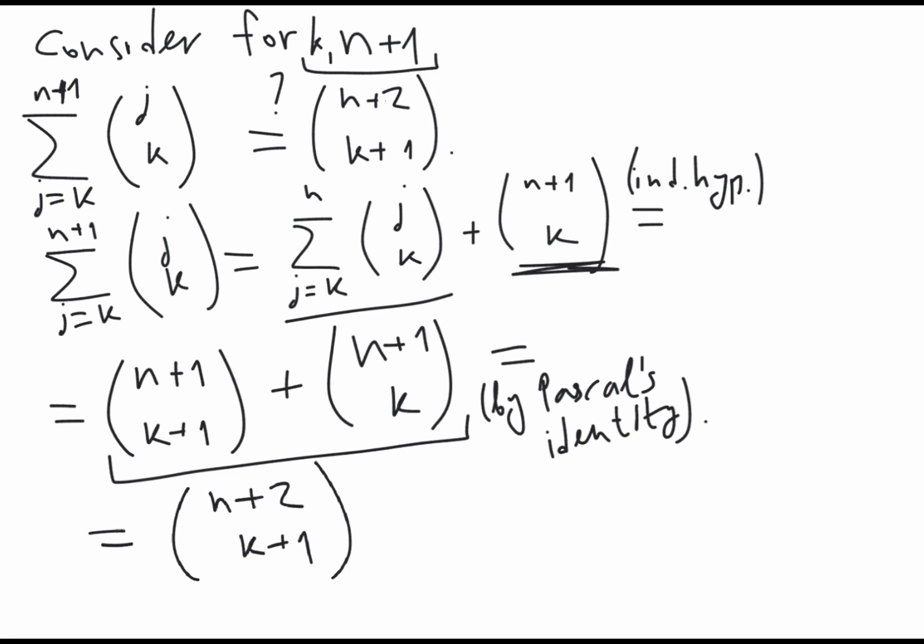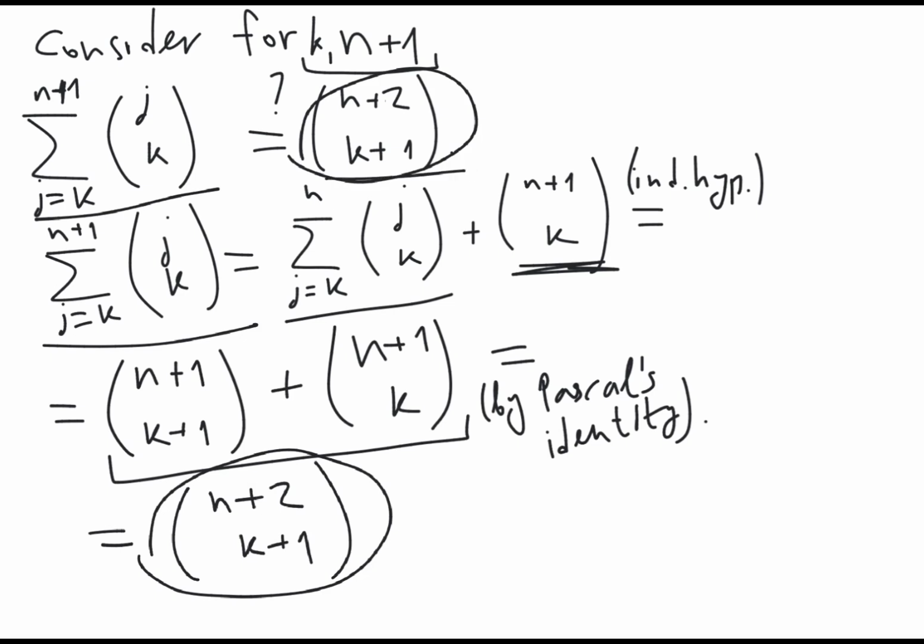And this is exactly what we need. This is equal to this. So we started from the left hand side and we arrived at the right hand side. This proves the inductive step and proves the whole identity.